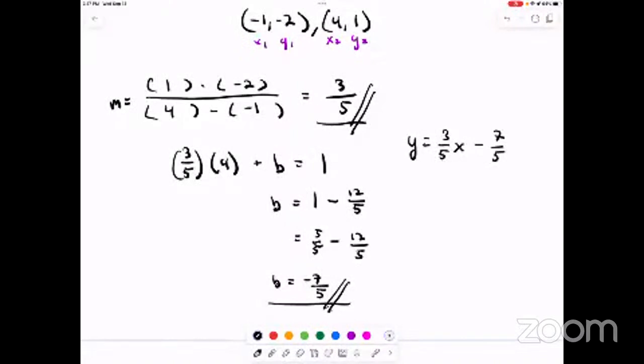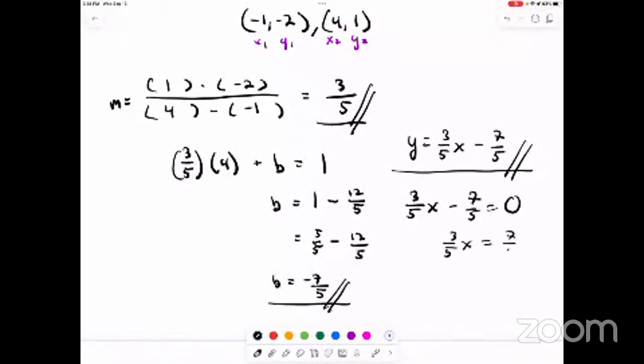So now from there, we can use that. If we want the x-intercept, we set y to 0 and solve. So then we're going to have 3/5 x minus 7 over 5 equals 0. 3/5 x equals 7 over 5.